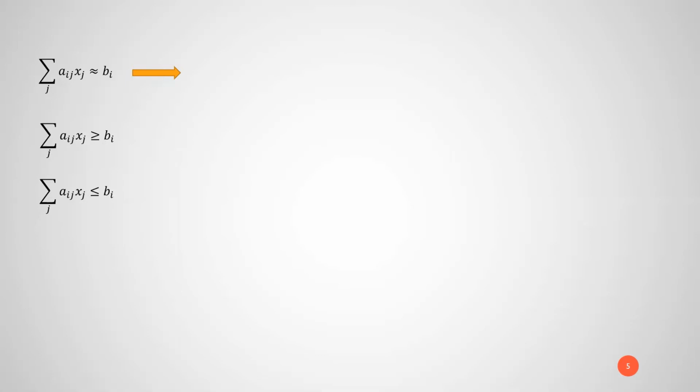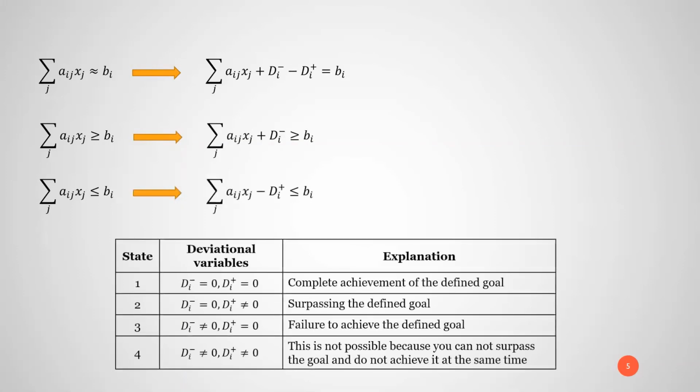In the underachievement variables, shown by the negative superscript, we have not reached the goal. Let's make an example. If we have the set of goals as 1,000 and we have obtained 800, the situation is that I have a shortage or underachievement of 200.